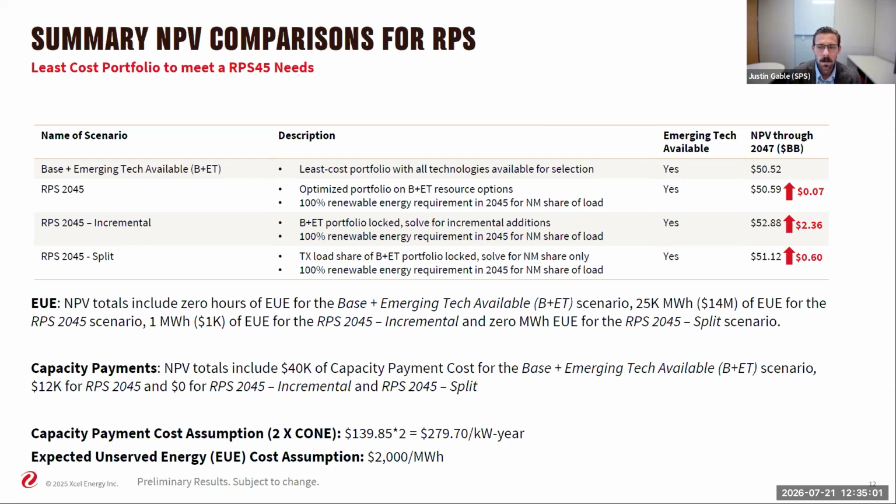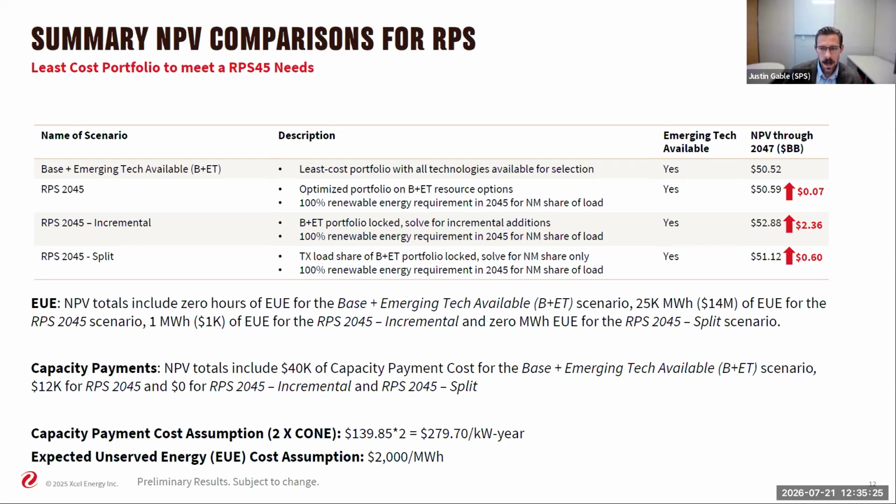I will caveat that the net present values here align with what our expectations are, but there are some very important things to discuss on the 2045 split related to how our modeling mechanisms work, and it relates to the SPS system. So we'll talk about that very soon.